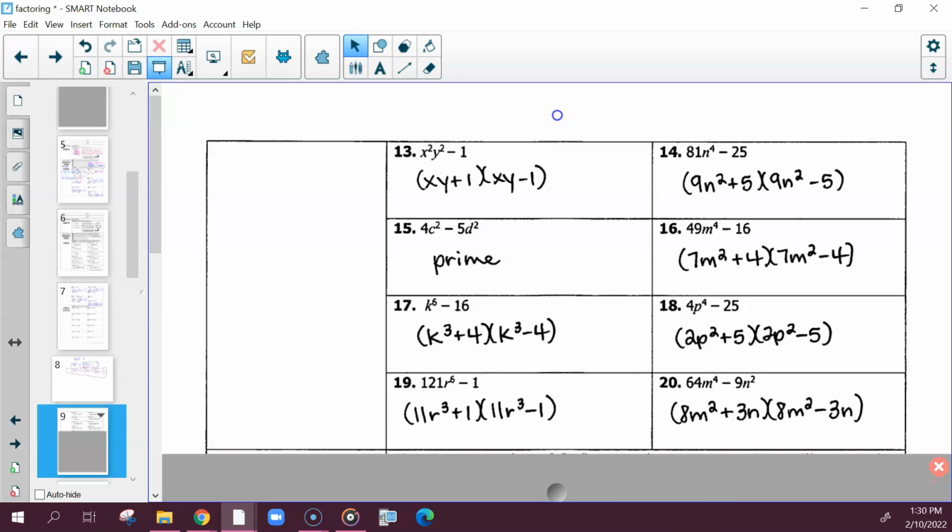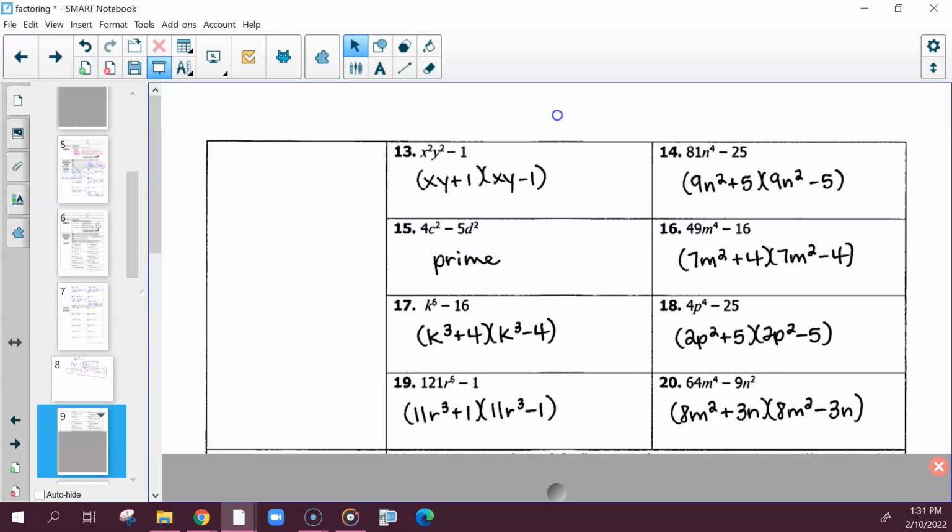Number 15 was prime. Had the 5 been a 25, then we could have continued that one, but that one was prime. 16 was 7m squared plus 4 and 7m squared minus 4. 19 was 11r to the third plus 1 and 11r to the third minus 1. 18 was 2p squared plus 5 and 2p squared minus 5.